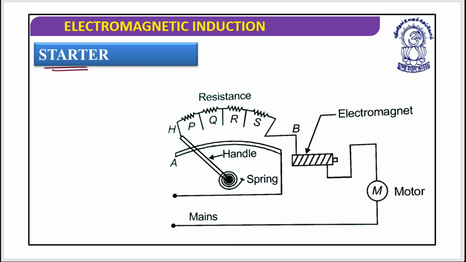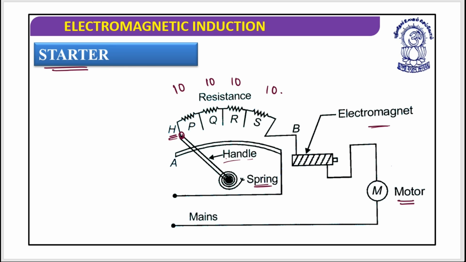It works something like this: this is the motor, this is just the electromagnet, this is the handle, and this is the spring. Initially, let's understand that this is 10 ohm, this is 10 ohm, this is 10 ohm, this is 10 ohm. Initially your handle is connected to this point.